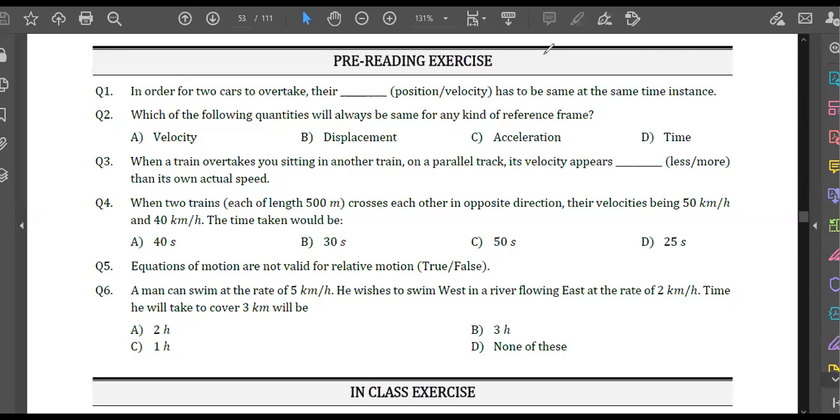Relative you can use. Okay, so sixth one is easy, right?